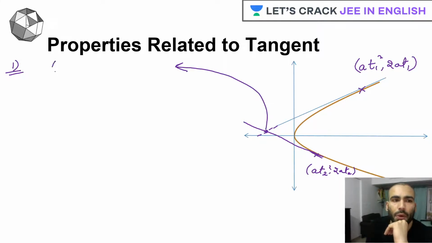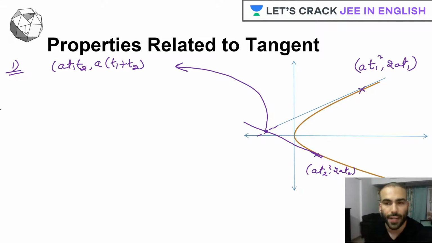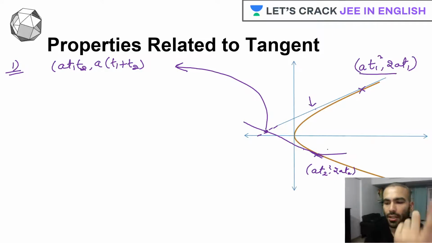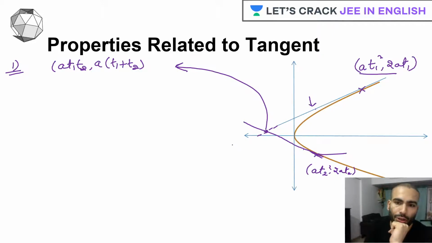The coordinates are a t1 t2 comma a times (t1 plus t2). Remember this. It's very easy to find out. You can write down the tangents' equations and easily find the intersection point. Another way is to use the chord of contact and compare it with the line passing through these 2 points. You can still find the point's coordinates.